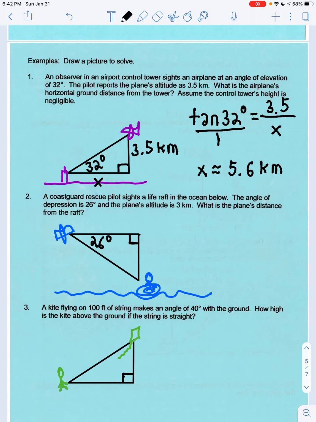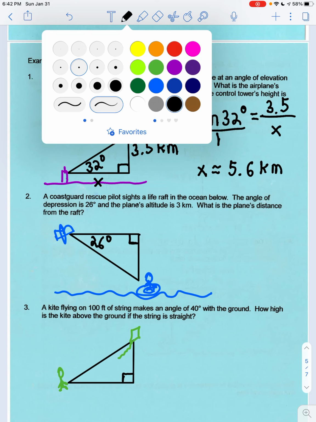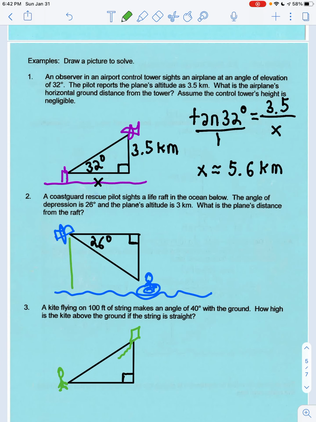Again, sometimes people draw the wrong triangle and they want to draw down like this and put that 26-degree angle here. That's incorrect. Now, could you put it down here? Yes, if you drew that triangle, because it would be an alternate interior angle with the angle of depression. But remember, the angle of depression is always formed with the line of sight and the horizontal, not the vertical.